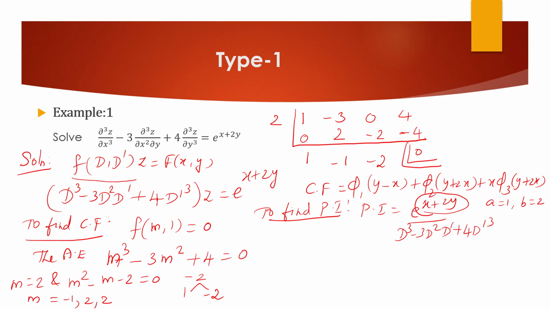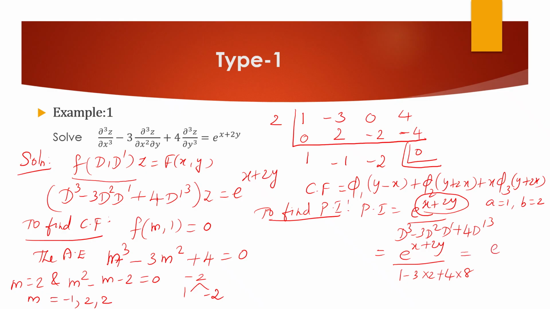So here we have to replace D by a and D dash by b. This gives e power x plus 2y by, replacing D by 1, it is 1 minus 3 into 2 plus 4 into D dash is 2, so 2 cube is 8.